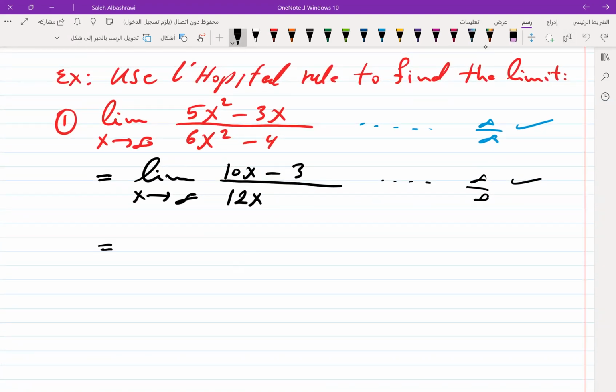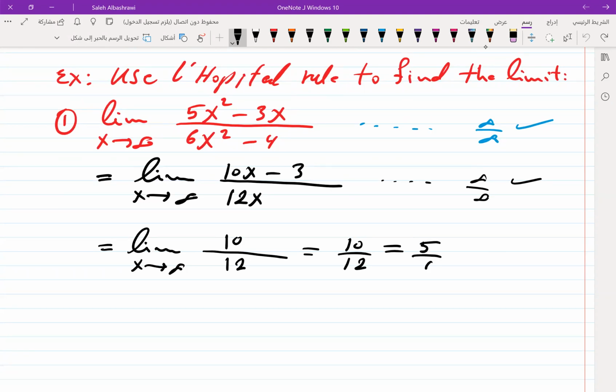So this is equal to the limit of 10 divided by 12 as x goes to infinity, which is equal to 10 over 12, or it is 5 over 6. So the limit for this function is equal to 5 over 6.